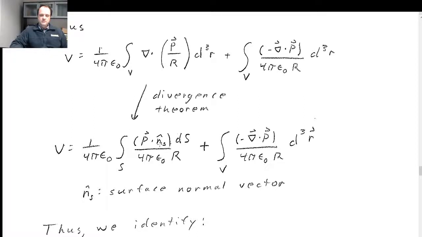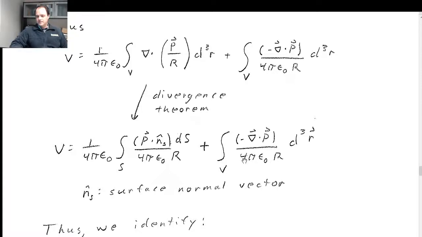This is the normal component of this infinitesimal surface element along the surface that we're integrating over. We have p dot n hat. So this is over the surface of our material. But this right here stays as an integral over the overall volume.